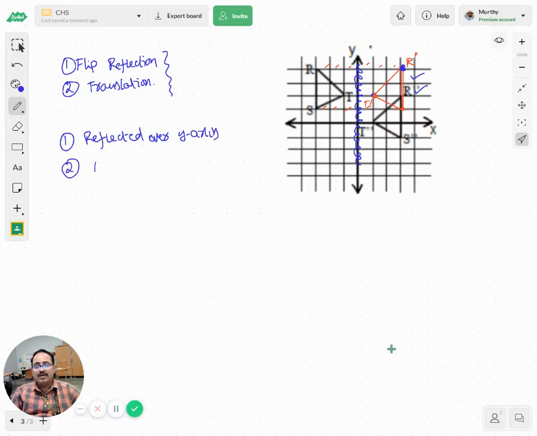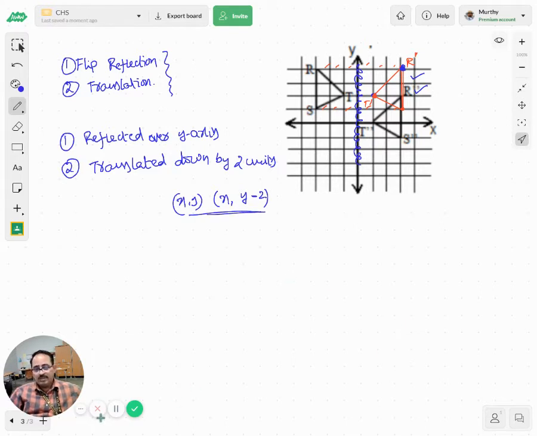Second one is translated down by 2 units. The same thing can be copied as xy. Then there's no change in x, but y is down. Down means on vertical line. If it goes down, it is minus.